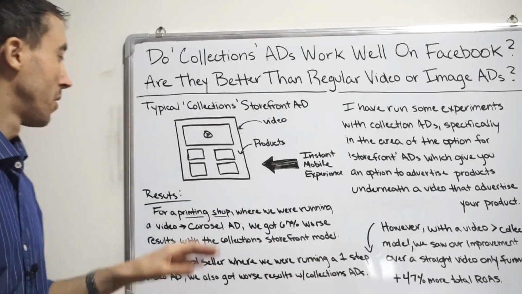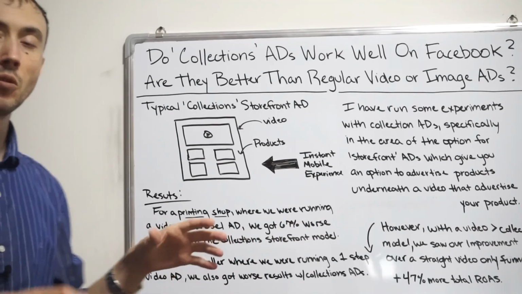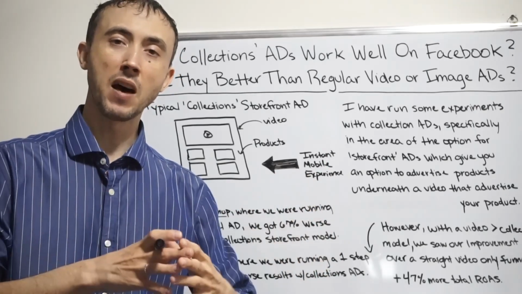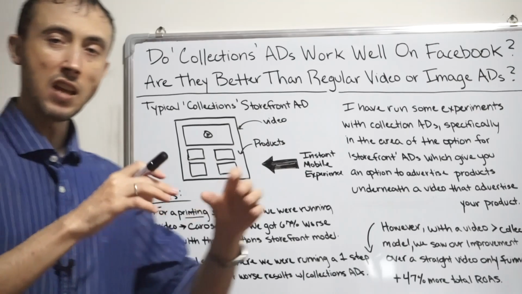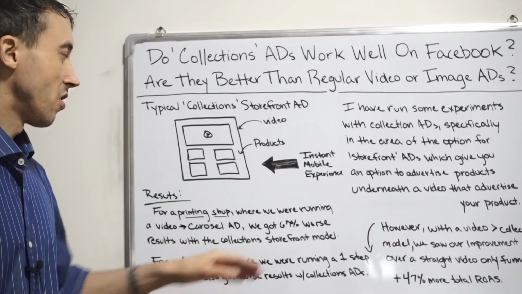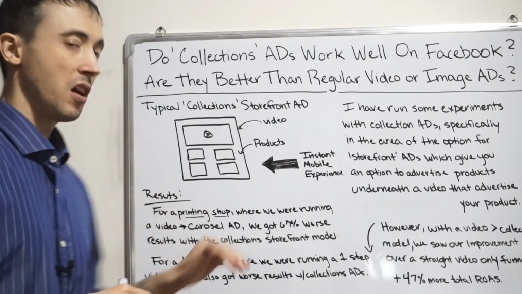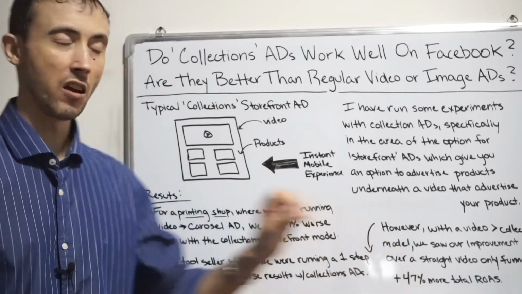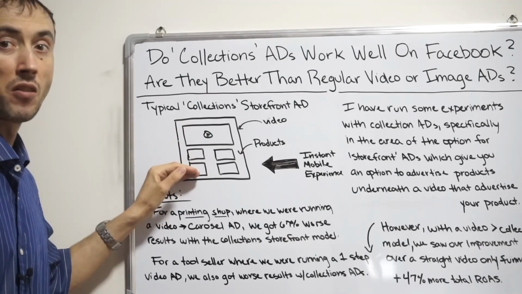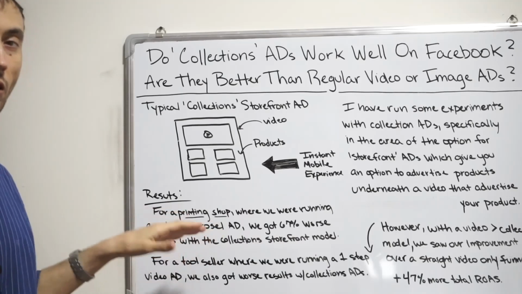That in itself did 67% worse in terms of the ROI, taking the budget that we had for the video and the carousel ads combined and reallocating it to a collections ad. Instead of doing a video and then the carousel ad to get the sale later, we just did the collections ad, which has the video and the product, and asked the user for a sale in the same ad. It did 67% worse ROI-wise.